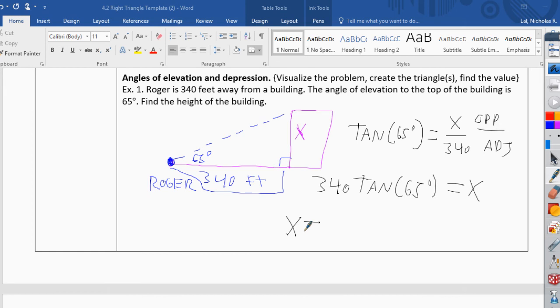X is equal to 729.13 feet. All right. Use this example to try example 2 and 3. And I'll give you some help, at least drawing them, if you need.